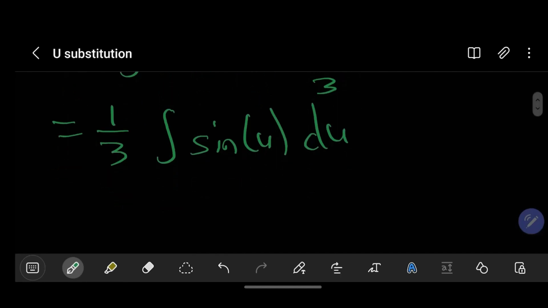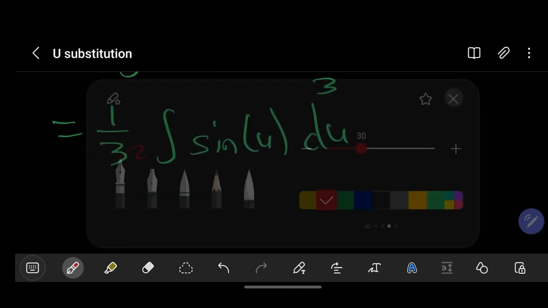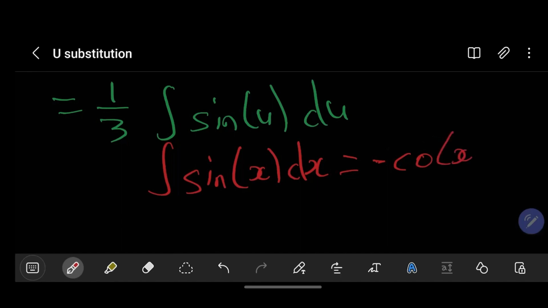Now we go ahead and look at our integral rules, and we know that the integral of sine of x dx is equal to minus cos of x plus c.